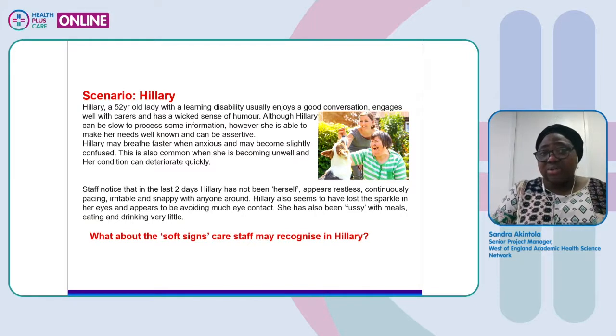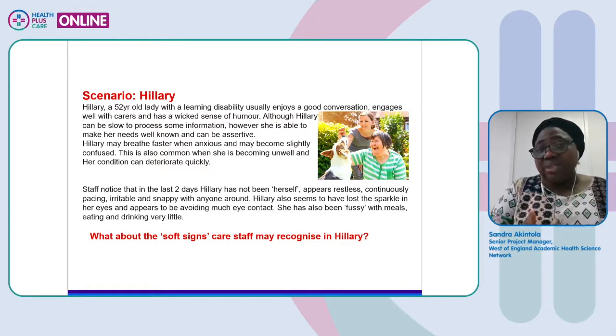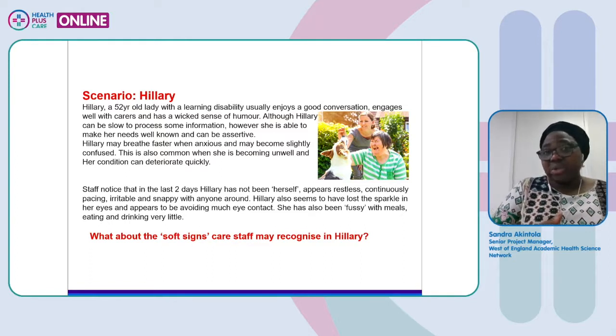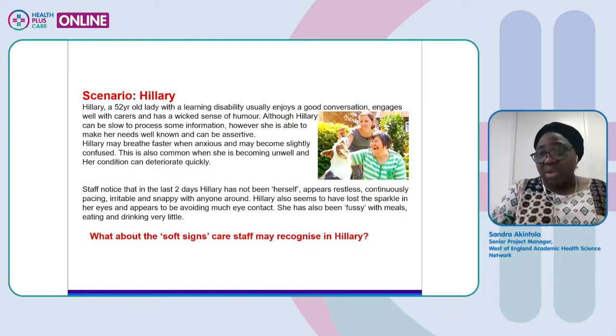However, if they are not a service that does that, then they will be encouraged to use the SBAR communication format to communicate their concerns to the appropriate person, whether that be the GP, the home manager, a member of staff in the home, the out of hours service, or the ambulance service as well. But these are just the sort of scenarios we get trainees, people who attend our training sessions, to work on.